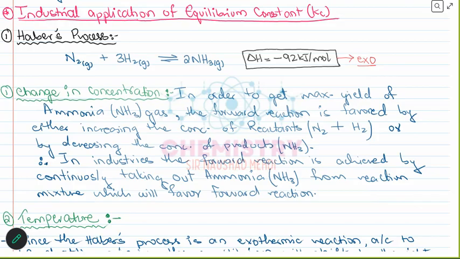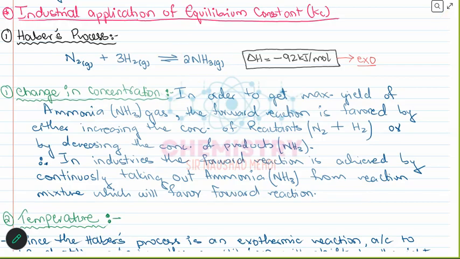And if it is very slow, it means you cannot meet the market demand, because in the market you want the ammonia gas to be continuously supplied. Yes or no? So in order to meet the market demand, you need a little bit of speed for producing the ammonia gas.